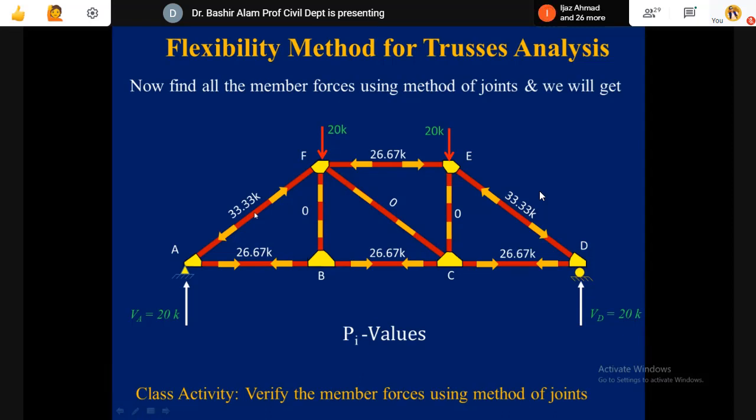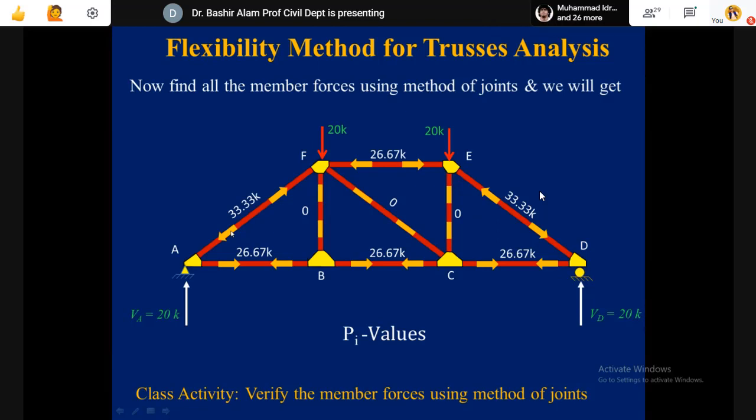Somebody should be telling me the number quickly. Sir, 33.33. 33.33, and you see the load here, 33.33. And how do we fix its direction? You see this 20 was already known that it is upward directed. So this diagonal, its vertical component should be downward directed. And when can it be downward?